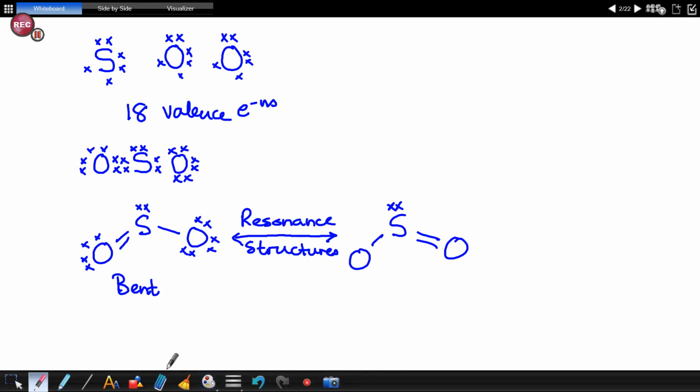Okay. I want to know what is the nature of the bond between sulfur and oxygen. What is the difference in electronegativity? It's 3.5 for oxygen minus 2.5, so 1. So the nature of the bond is polar covalent.